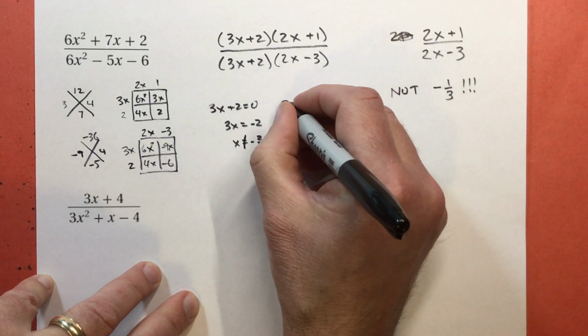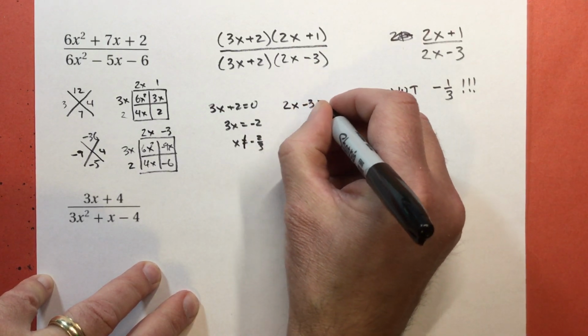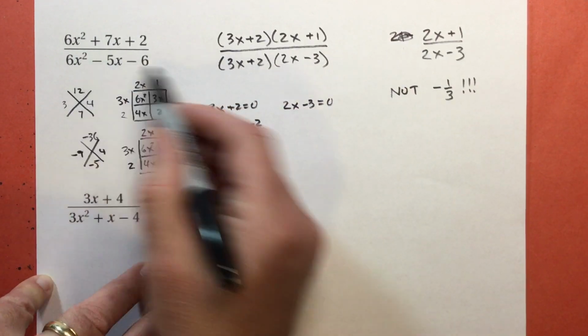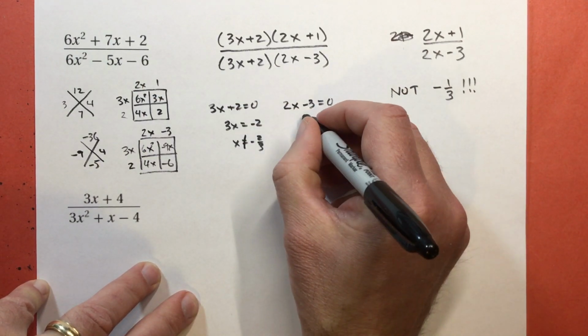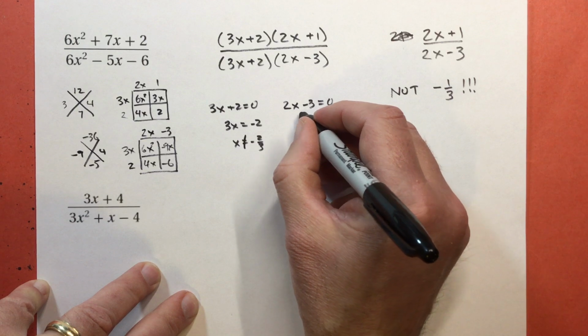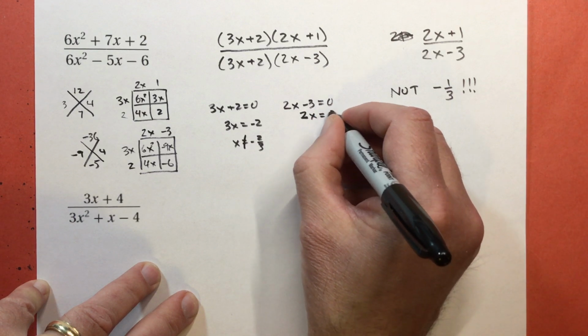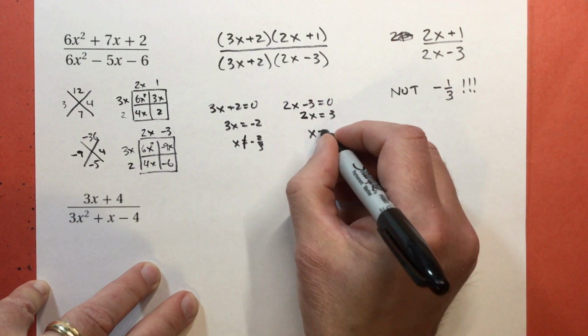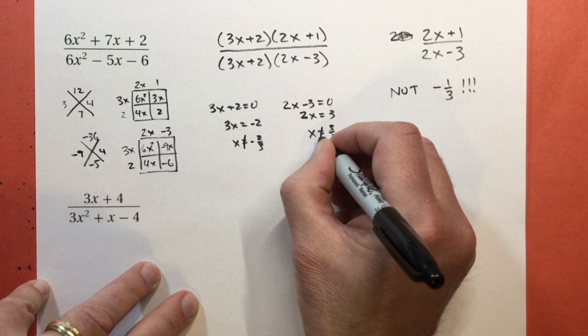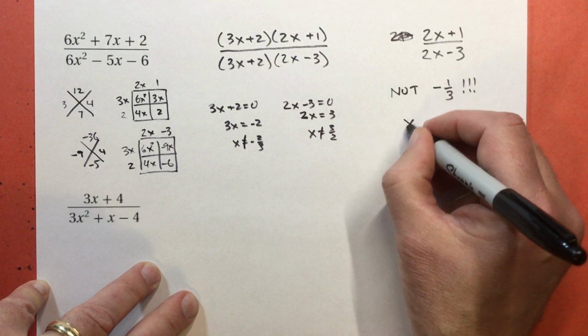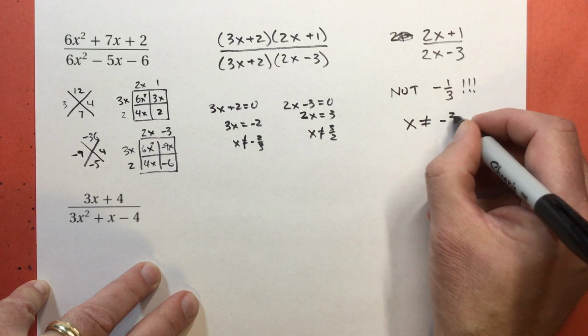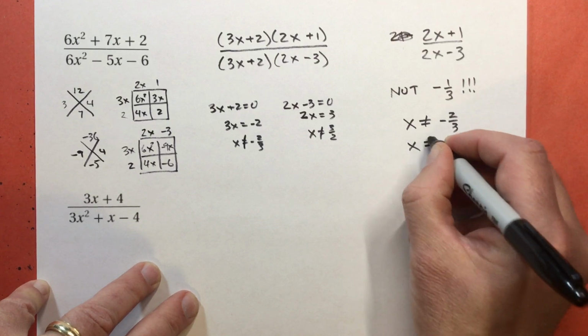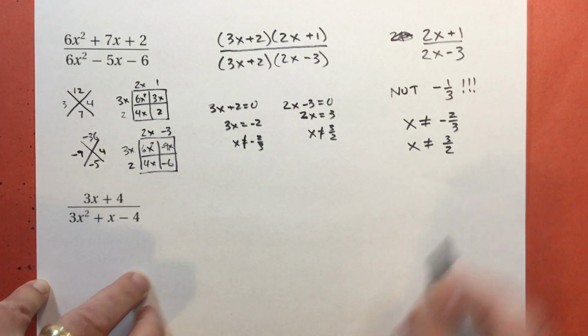Same thing over here, 2x subtract 3. If that equals 0, this whole thing will be 0 and it'll be undefined. So that would be 2x equals 3. Divide by 2, I get x equals 3/2. I don't want that to equal. So x does not equal negative 2/3, and x does not equal 3/2.